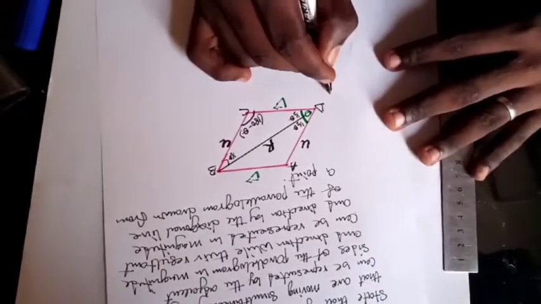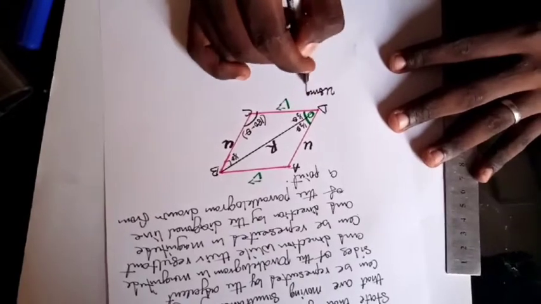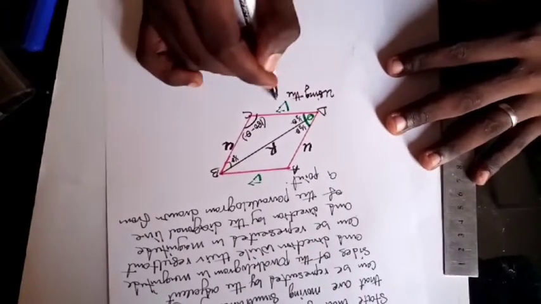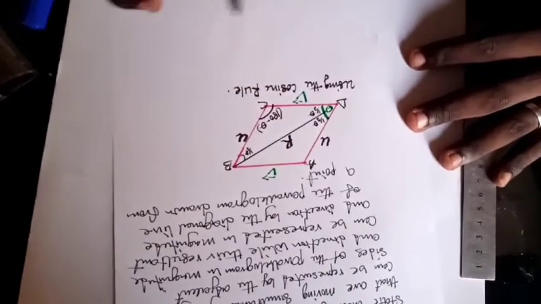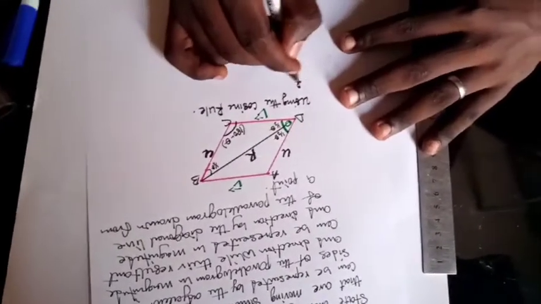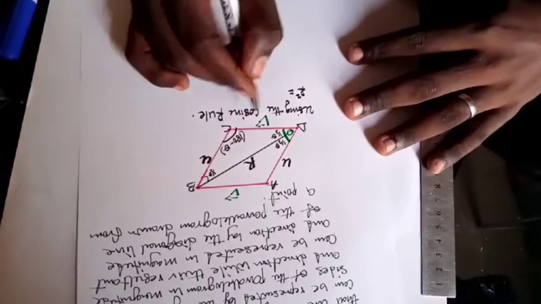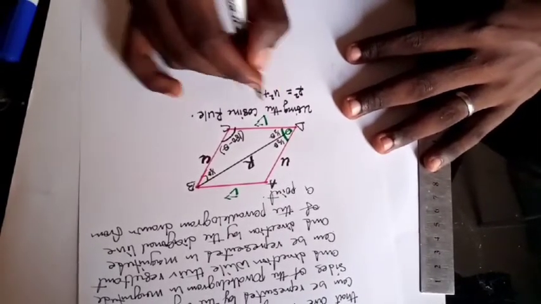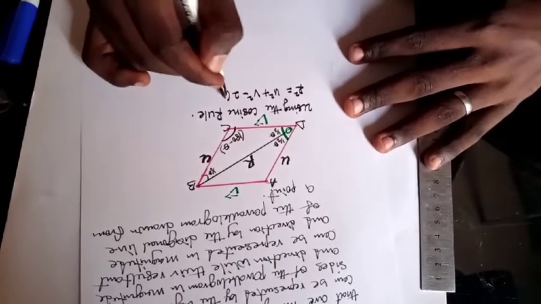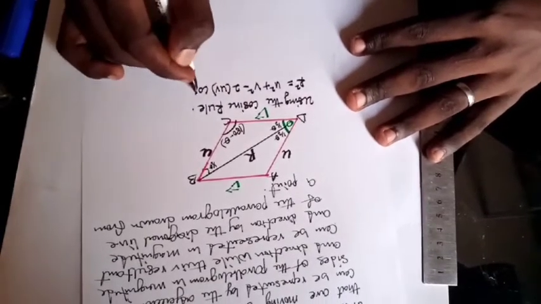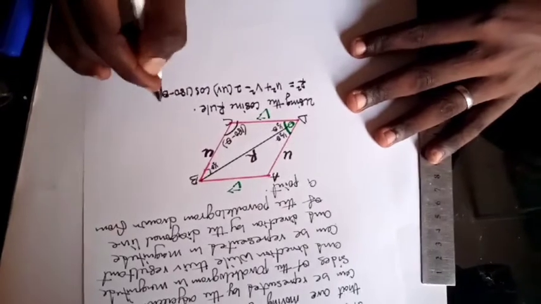So I'm going to use the cosine rule. So I'll have R squared equal to U squared plus V squared minus 2UV cos of 180 minus theta.